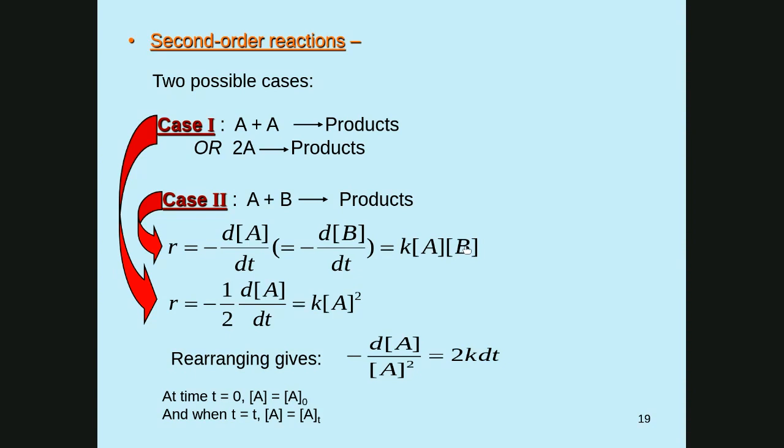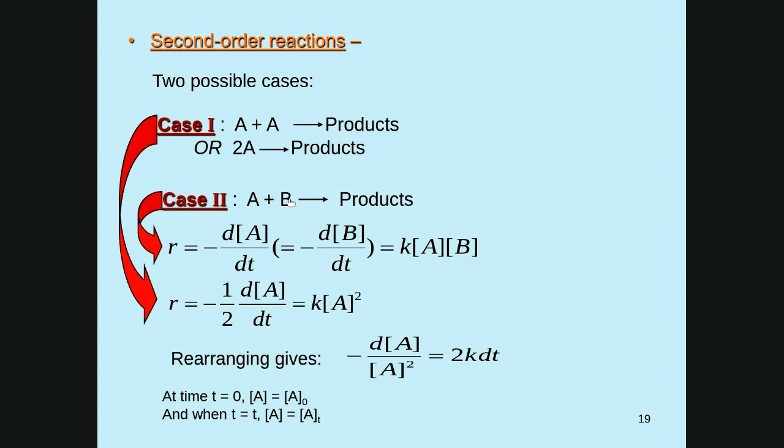So we find now that the number of collisions between A and B molecules, which in turn is proportional to the rate of the reaction, R, is proportional to both the concentration of A and the concentration of B. In other words, it is proportional to the product of concentration A and concentration B. So that is how you arrive at the rate law for the bimolecular case, elementary second order reactions between two unlike molecules.